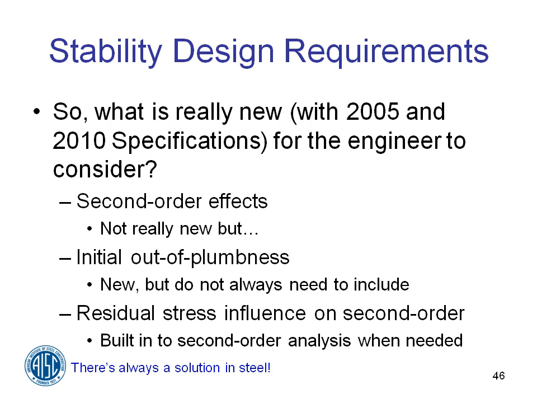So that may be new, depending on where you've been. Initial out of plumbness, that is new with the 2005 specification, so it's the same for 2010. And then residual stresses, the residual stress influence on second order effects. That's built into your second order analysis. If it's the B1, B2 method or some rigorous method, that's going to be built in there. So there really isn't a whole lot new here that you have to include.